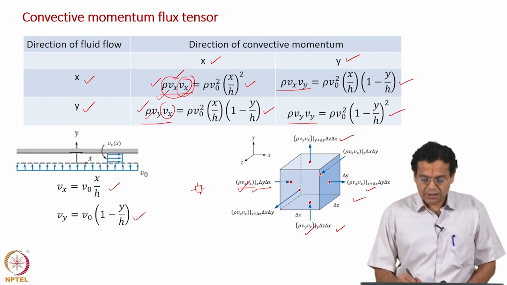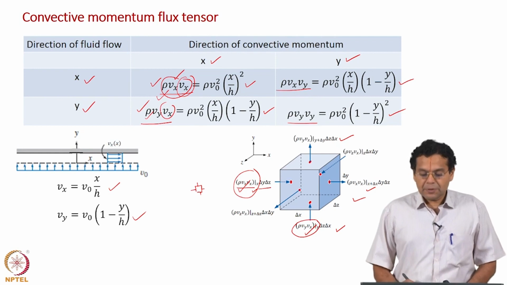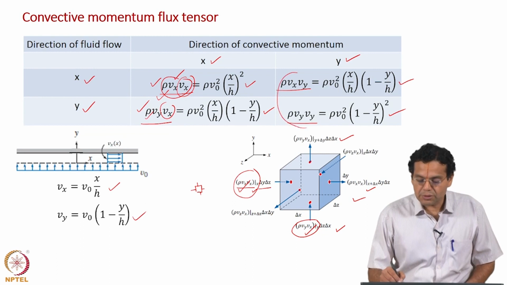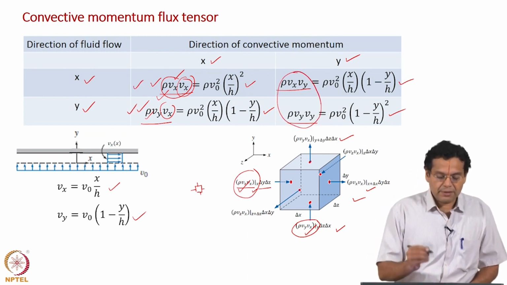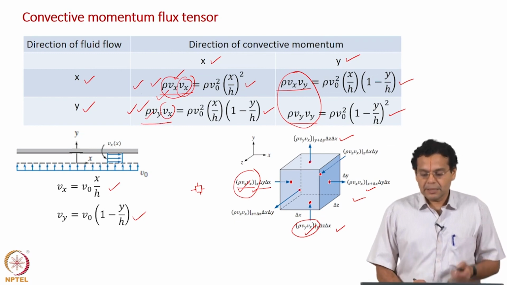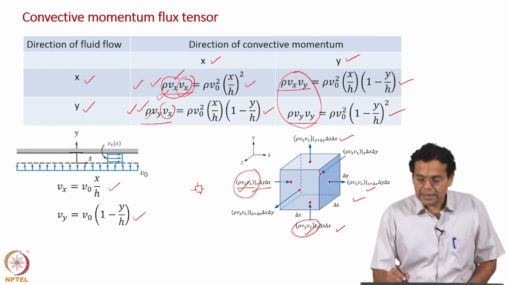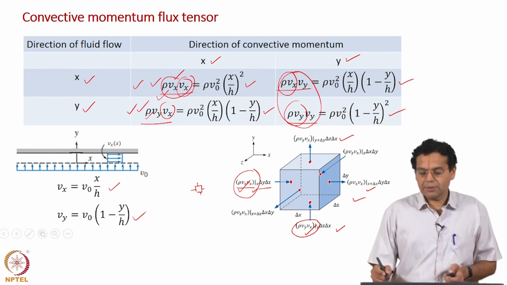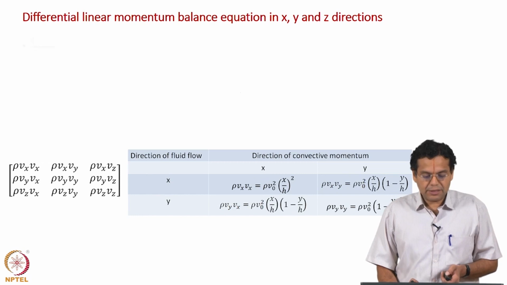What we have discussed is rho Vx and rho Vy. This term and this term will appear in the x momentum balance. If you write the y momentum balance then these two terms will appear, and they are because of mass flow in the x direction and mass flow in the y direction. And of course these expressions are simple to write, just simple multiplication. And that is what is shown here.